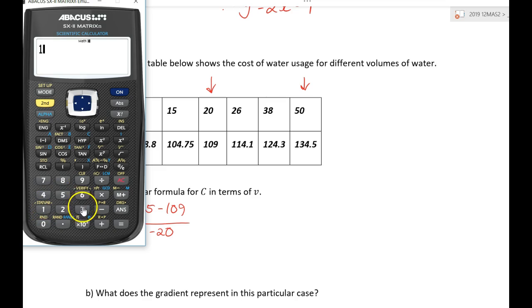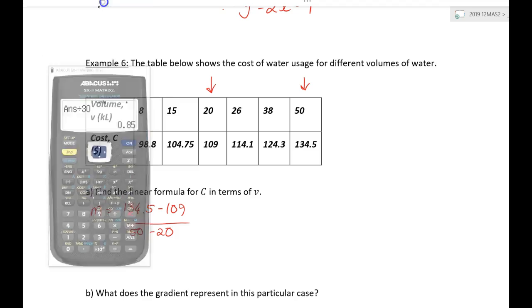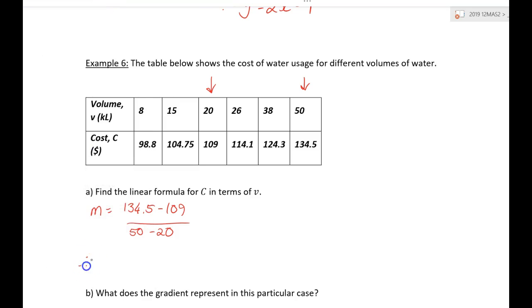I've got my 134.5 minus the 109. Okay, that's the top, divided by, now I'm fairly happy, 50 minus 20 is 30. And there we go, my gradient is 0.85. Okay, so that's part way done. I suppose that's a third of it done.